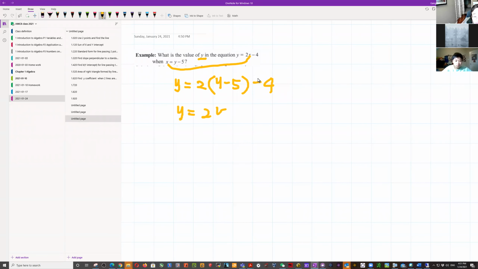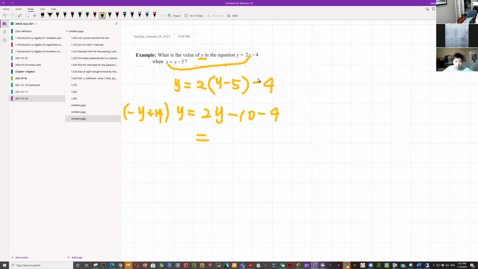So y equals 2y minus 10 minus 4, and then we minus y on both sides to move this to the other side. Then here is negative 14, and we also add 14 on both sides. When doing the calculation, it's best to label the action you're going to apply on both sides.